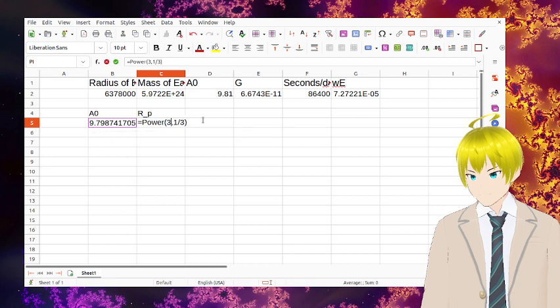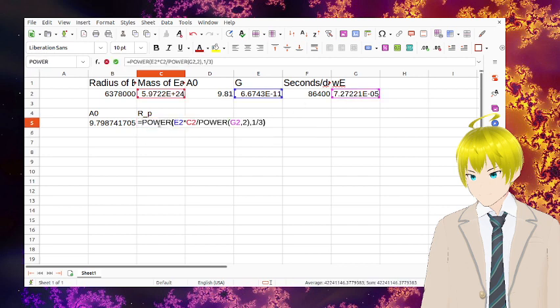Let's test it out. I'm actually not sure that works. Yeah, okay. So it's going to be G times M divided by omega squared. Omega squared. Okay. So is this it?